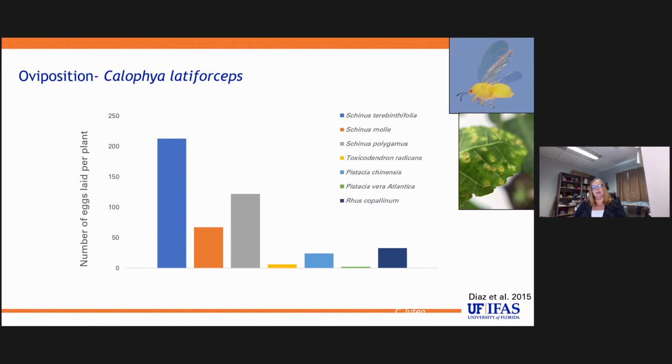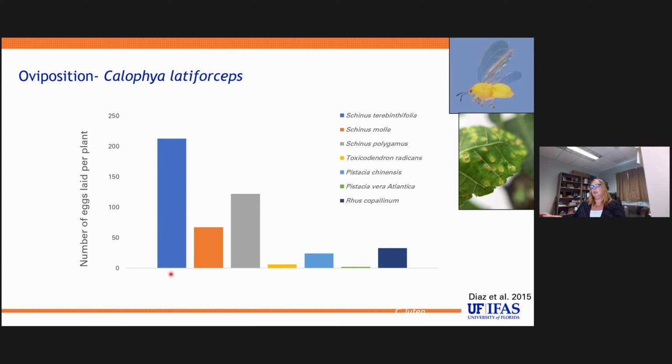Now, for the host specificity testing, so determining exactly what these insects will eat and reproduce on, this was work done by Diaz et al. In 2015, they found that these insects would lay eggs on multiple species of plants. So you've got Schinus terebinthifolia right here. This is Brazilian peppertree.